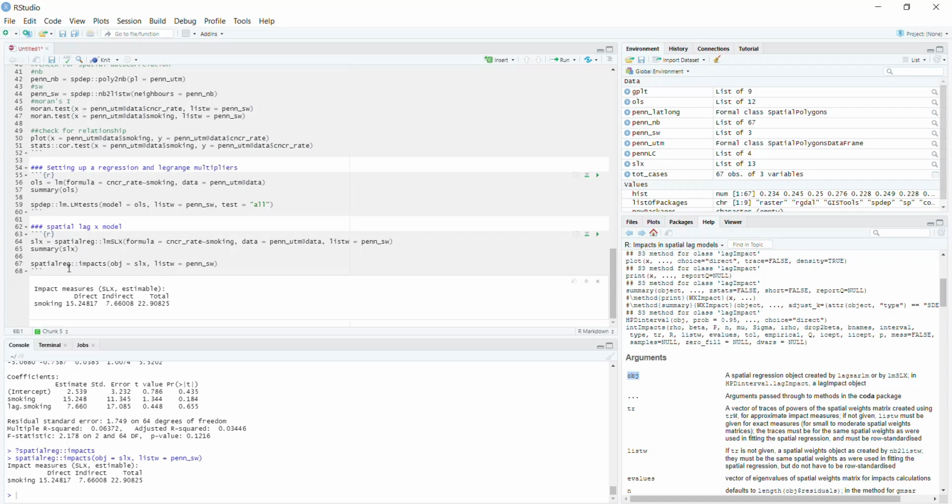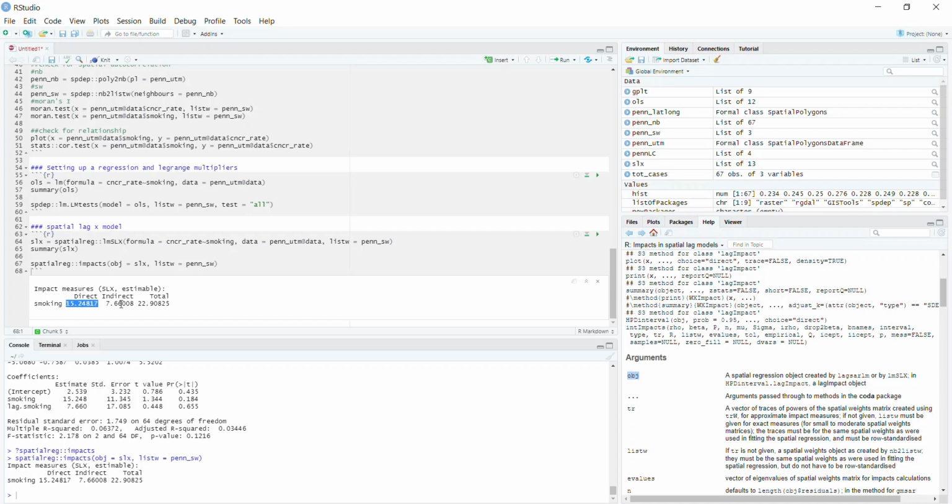So the way that we interpret this, the direct effect, this is what happens to us when we change our smoking. So basically we would interpret this as if we increase our smoking, we increase the cancer rate by this amount.